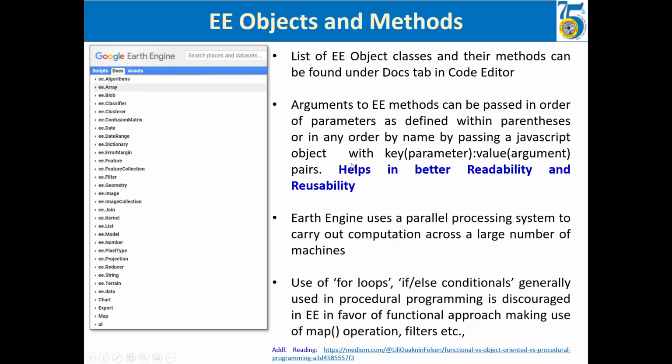Then while using the Earth Engine methods, the arguments to Earth Engine methods can be passed in the order of the parameters as defined within the parentheses, or in any order by name, by passing a JavaScript object with parameters as keys and arguments as values. It helps in better readability and reusability of such methods.